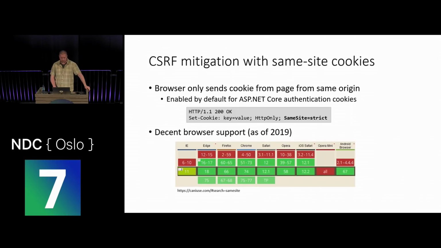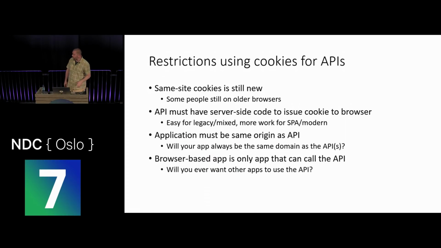Now, there's got to be a downside with same-site cookies, which is, there's some architectural constraints there. One is that your API has to have something on the server side that issues the cookie. Some APIs aren't built that way. They're built to just sort of be standalone. You call them, and they don't think about the fact that there's a browser there. I guess that also means that you have to have a browser being the client application.